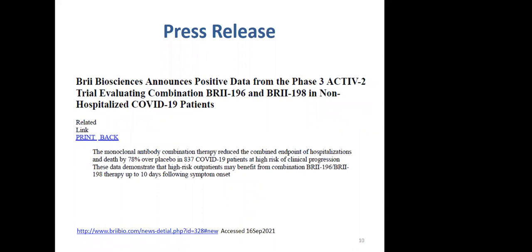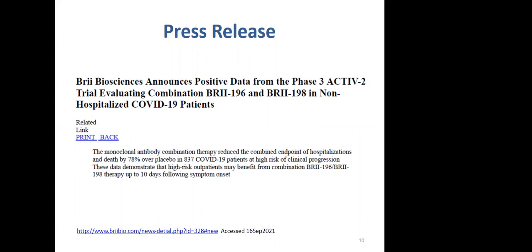So just to give you an idea of where the study is at, I'm actually not going to present data because there's very little data that's been presented from this study so far, as we're in ongoing evaluation. But there was a recent press release a few weeks ago of one agent that did go right through phase 2 and phase 3.